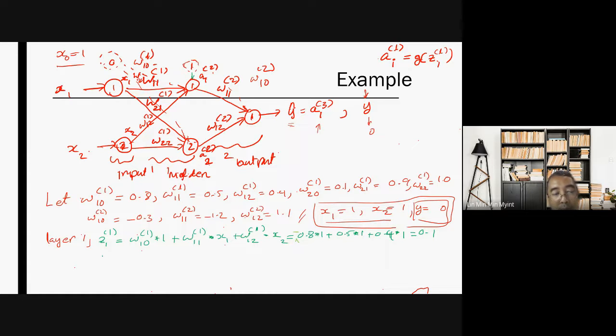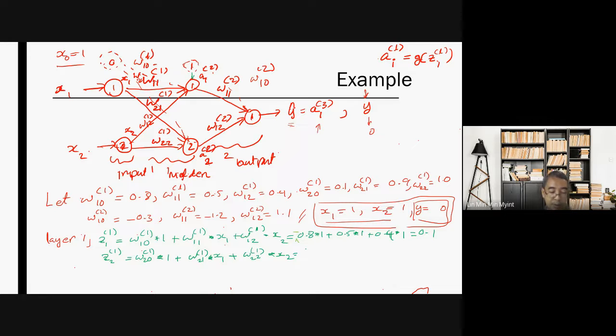Similarly, we have to calculate C21. Before we calculate A2, we have to calculate C21. So similarly, this is W20 multiplied with 1, plus W21 multiplied with H1, plus W22 multiplied with H2.